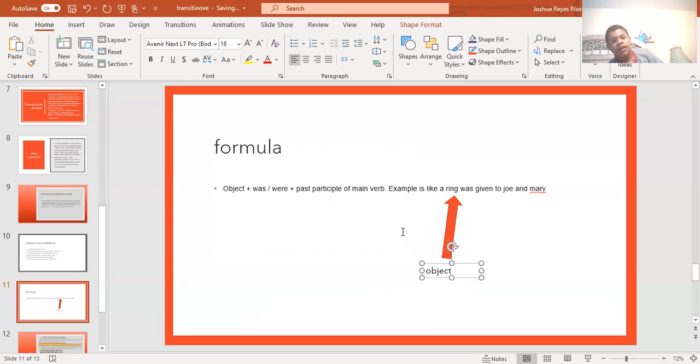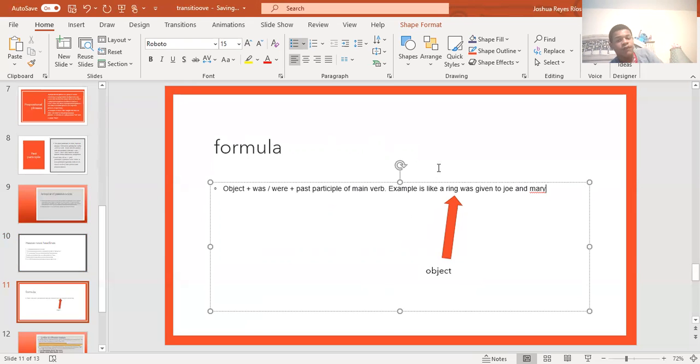So an example is like a ring. Ring was given to Joe and Mary. Ring is an object. Was is the second part, and the past participle is given to Joe and Mary.